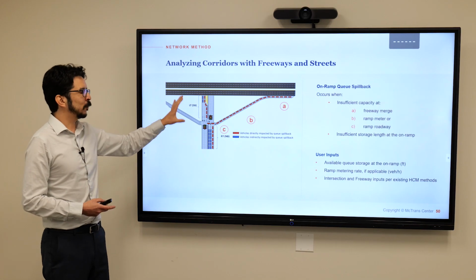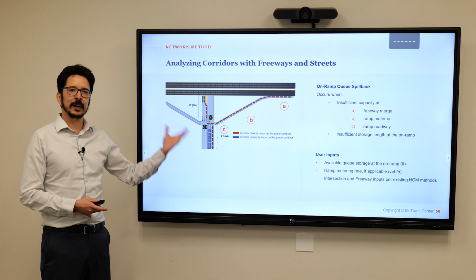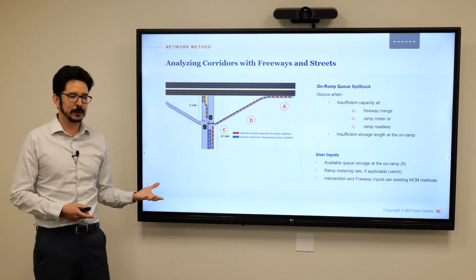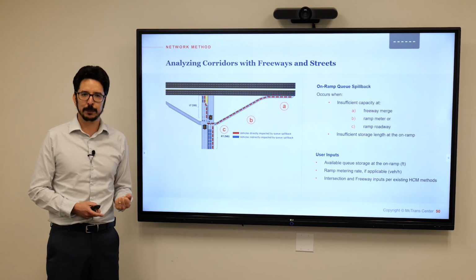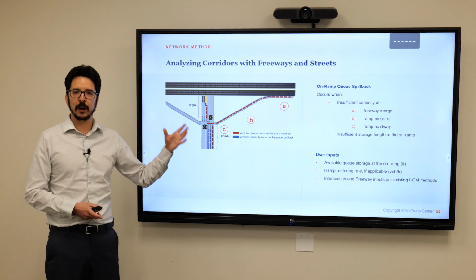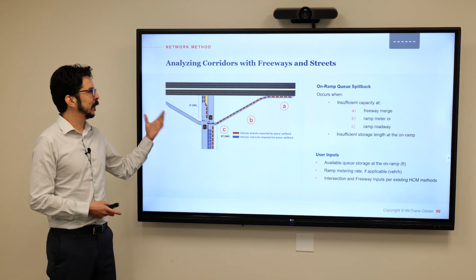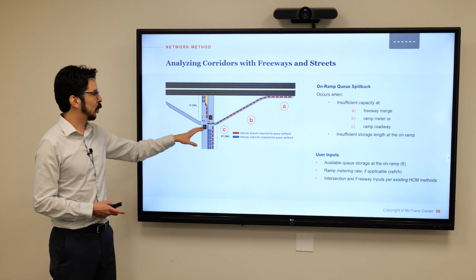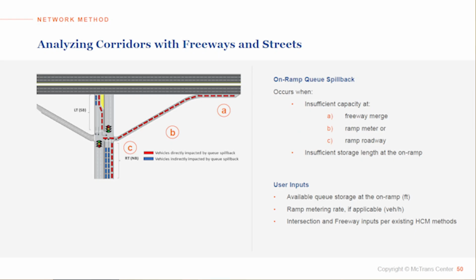And if one of these 3 conditions occurs, that's not enough to say that we have queue spillback, because the second condition that's needed is that the resulting queue from that case must be larger than the available storage. Basically, the length between the merge point and the entrance of the ramp must be shorter than the expected queue length.